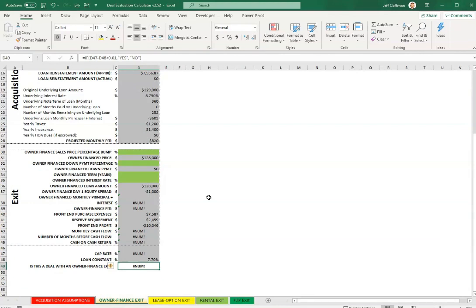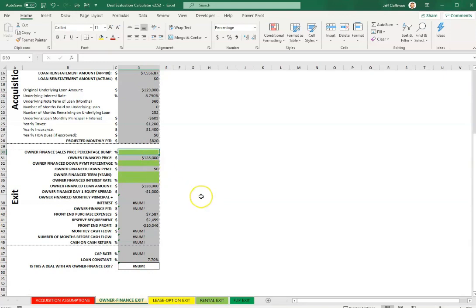And so with owner finance, this gets really fun because, and this is my preferred exit strategy, I literally get to create these numbers and base these numbers off the amount of cash flow that I would like to receive.